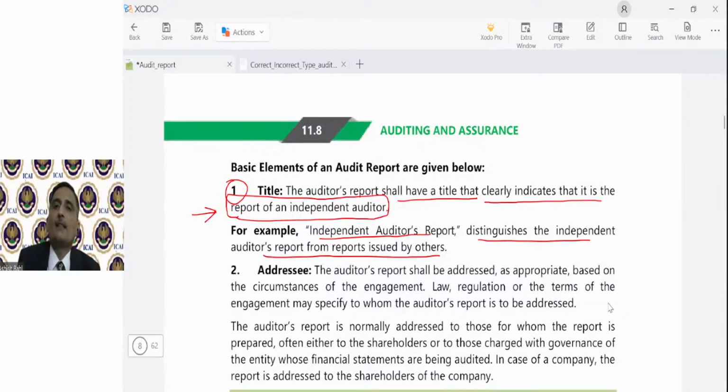In bold headings, it is written independent auditor's report, so that it is clearly visible to the users of audited financial statements that the accounts have been audited by a person who is independent of the company, independent of the organization.